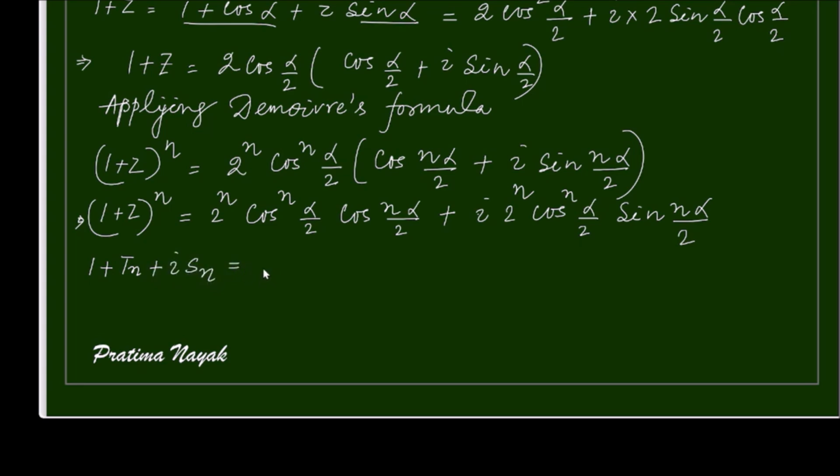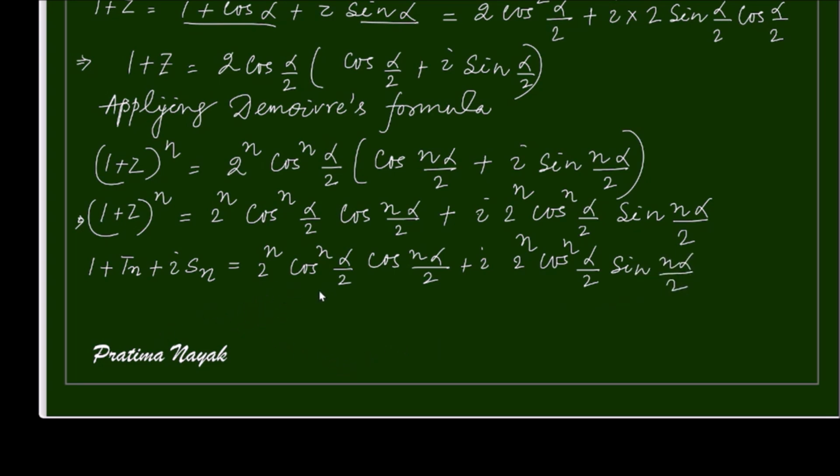So this is equals to 2 power n cos power n alpha by 2 cos n alpha by 2 plus I 2 power n cos power n alpha by 2 sin n times of alpha by 2.